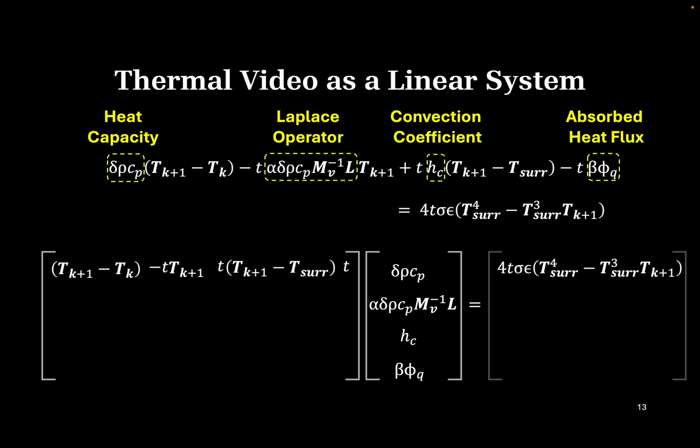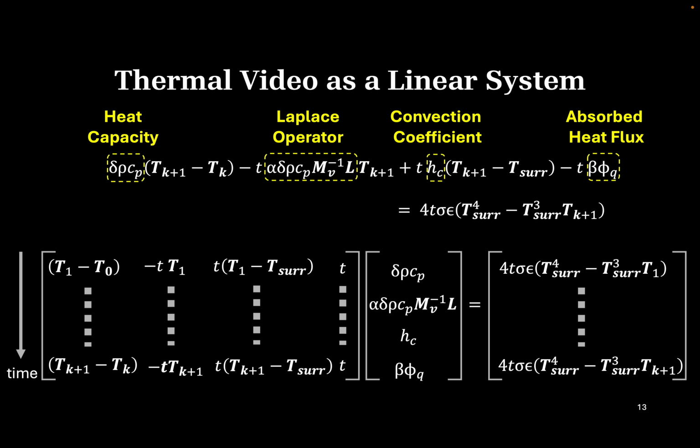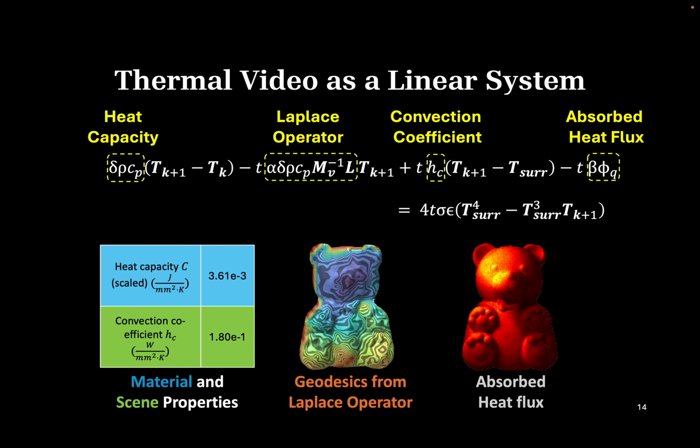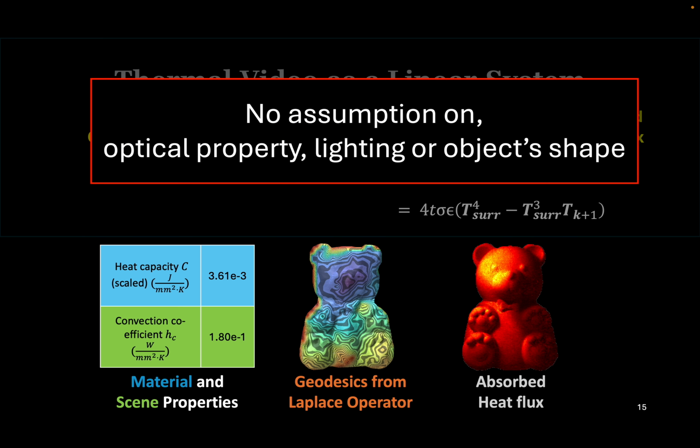Solving this linear system across time will yield scene, material, and geometric properties without having to estimate or make any assumption about the optical properties, environment lighting, or how this object exists in the 3D space. Measuring the absorbed energy or other estimated quantities can already be useful in many engineering applications without the 3D geometry. But our aim here is to go one step further to recover the object shape from the Laplace operator.